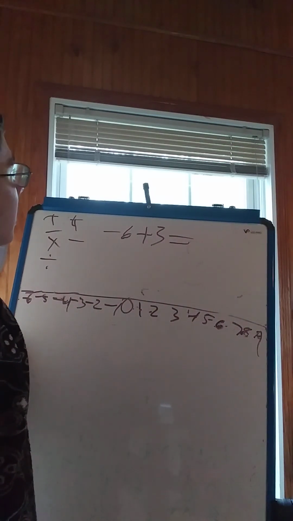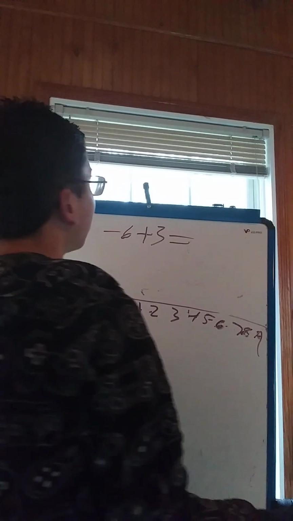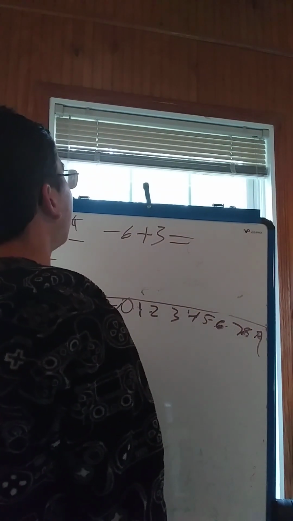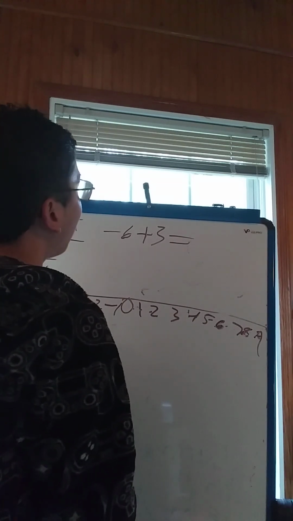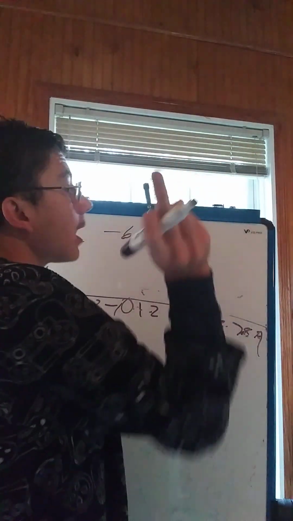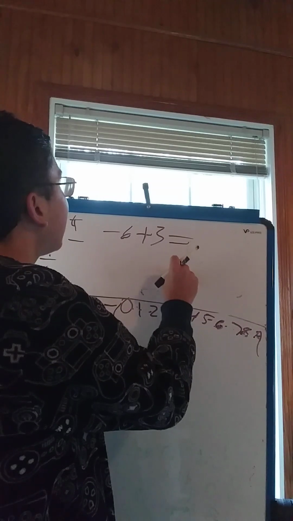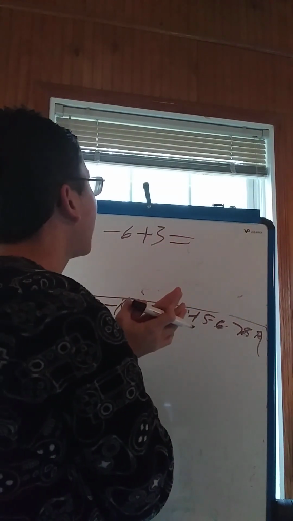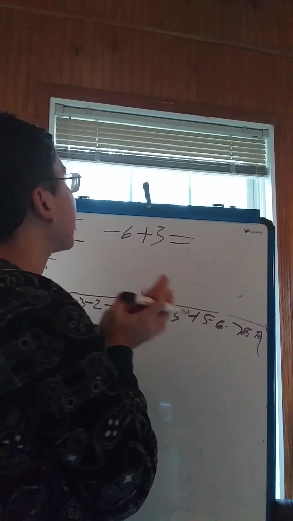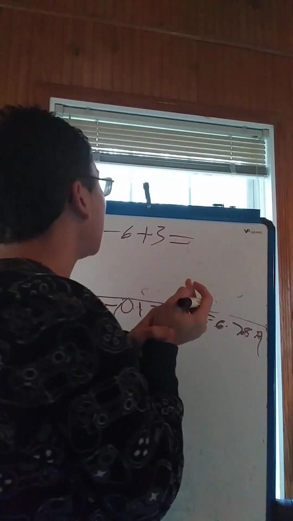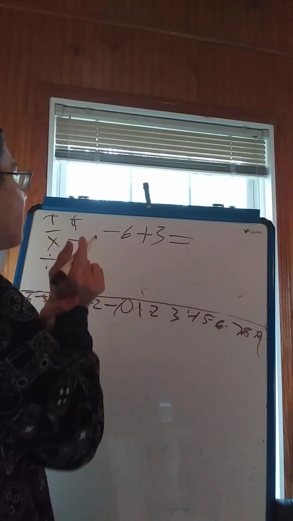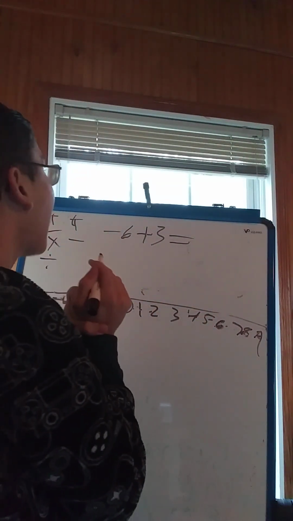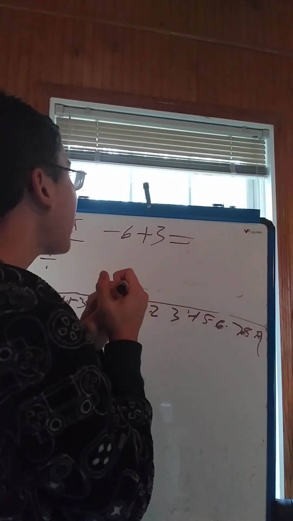Well, you're wondering, okay, 6 plus 3, well, no. When you have a problem and the two signs are different, the two signs are opposite, so one's a negative, one's a positive, and when you're adding, you do the opposite of addition. So when you have a negative 6 and a positive 3, in this case, you would subtract. So 6 minus 3 is 3.